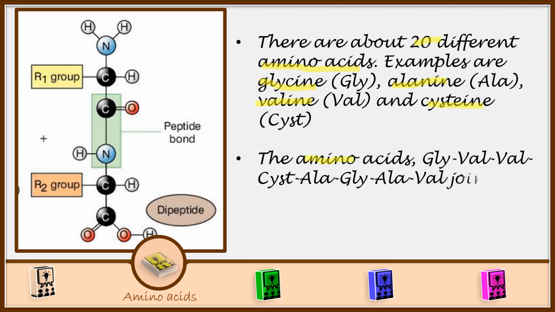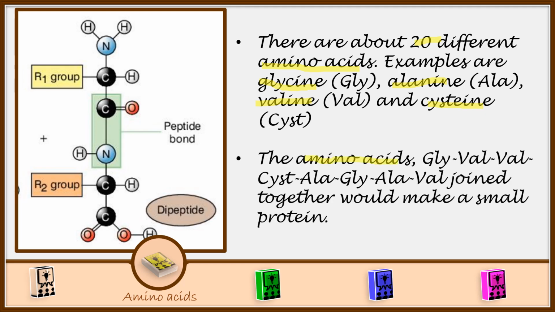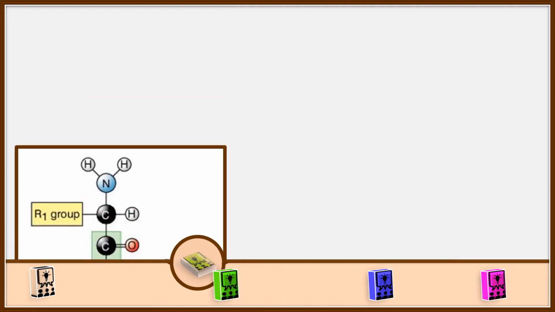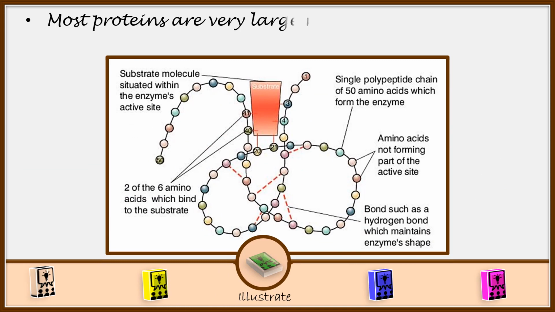If glycine, valine, cysteine, alanine, glycine, alanine, valine are joined together in that sequence, they would make up a small protein. So amino acids joining with another amino acid, we end up forming a protein.